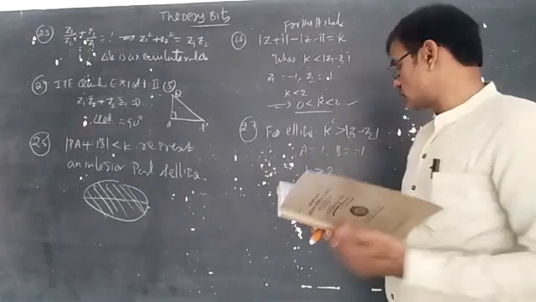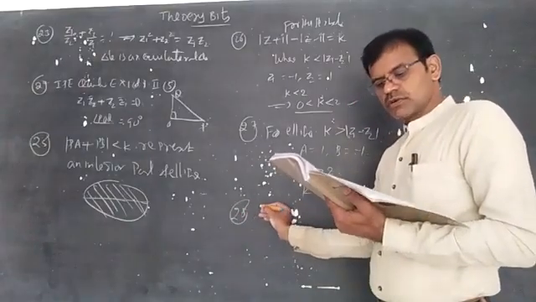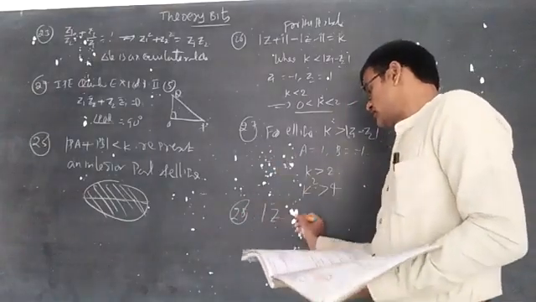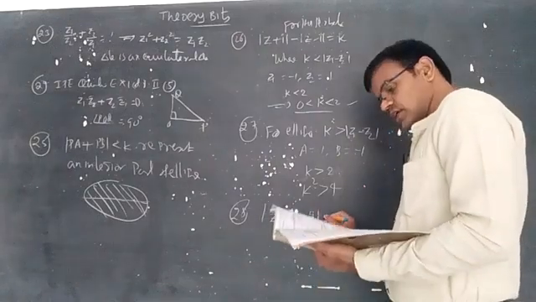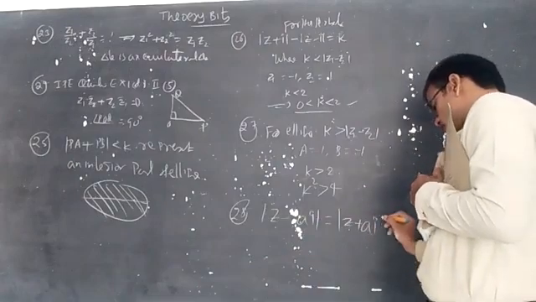Now the 28th question. Z is equal to x plus iy. Modulus of Z minus ai is equal to modulus of Z plus ai.